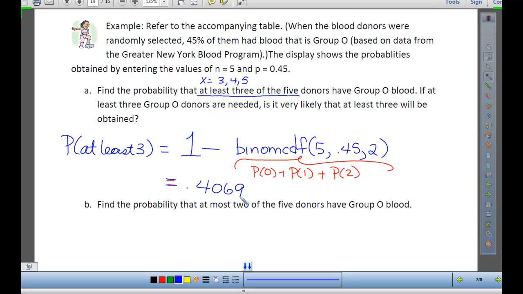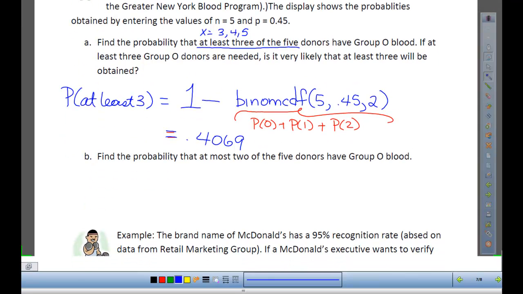Okay, questions about that? Okay, good. All right, find the probability that at most 2 of the 5 donors have group O blood. Okay, we already verified that this is binomial. How would we use our binom PDF or CDF to calculate this part B?